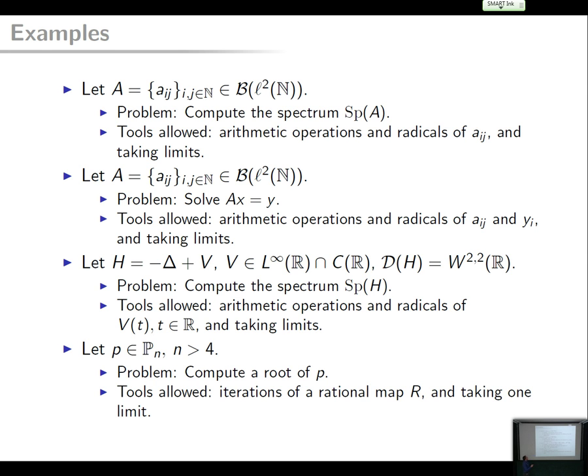In this case, I assume that I have coordinates the computer can read, and I simply ask, can I compute this spectrum by using arithmetic operations and radicals? I can allow the radicals as well, but for now let's keep it simple.